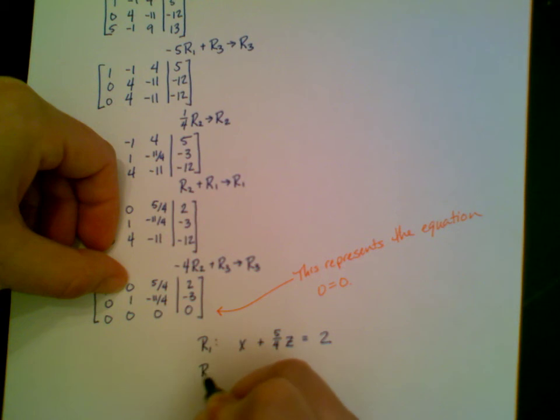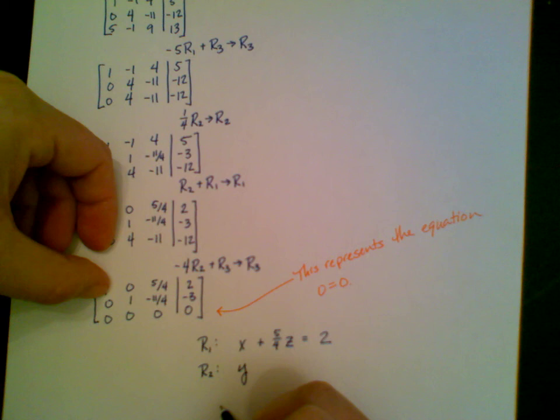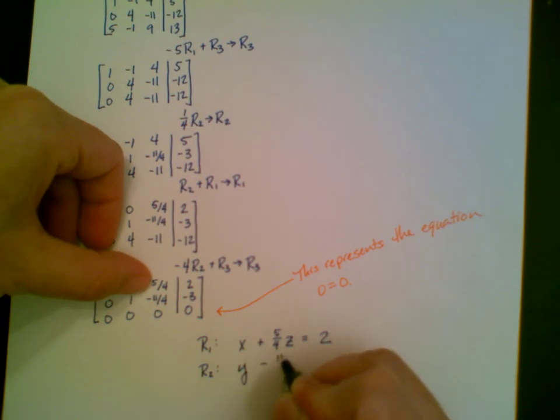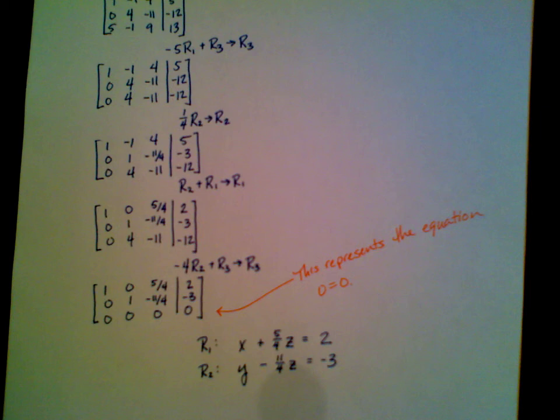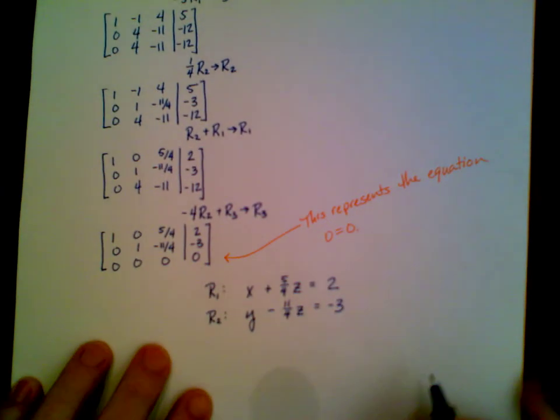And row 2 gives me 0x plus 1y, that's just y, minus 11 fourths z equals -3.